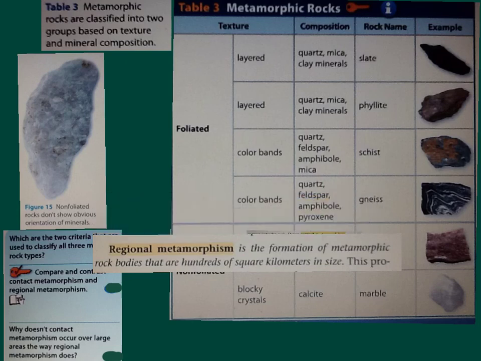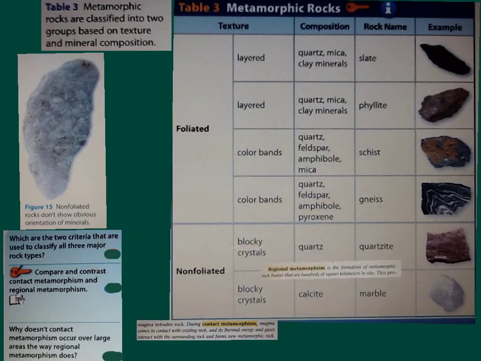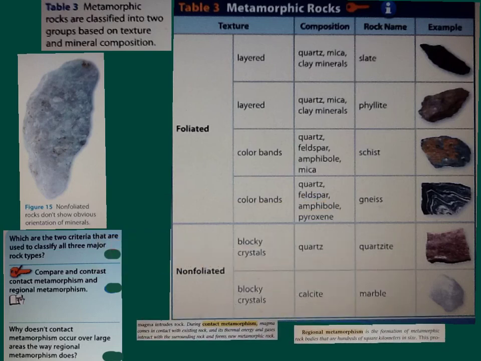I'm hoping you've written those down. Next thing we're doing is looking very quickly at this Table 3 of the metamorphic rocks. You'll see texture, composition, rock name, and an example. The examples are a little dark. I apologize, I couldn't get them any better than that. But what I want to make sure you notice is texture, foliated and non-foliated.